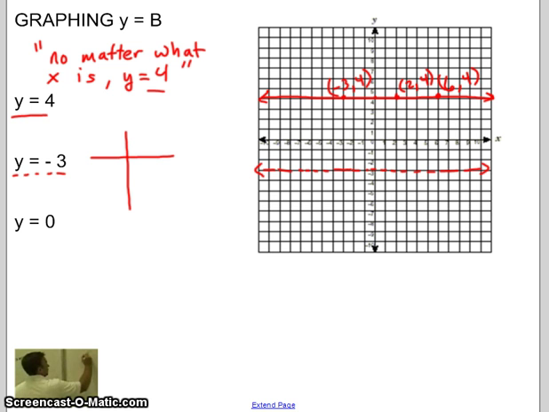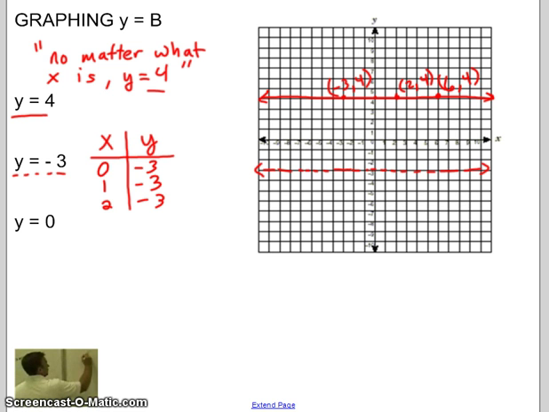If I were to come up with a table of values for y equals negative 3, it would be any number for x, and then y would equal negative 3. No matter what x equals, y equals negative 3.